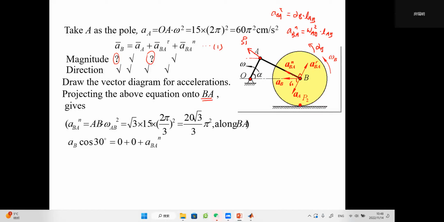So here should be 30. So we will find AB times cosine 30, right, equal, we just draw the equal sign here, AA. It's very convenient that AA is perpendicular to this AB, because here we know it is 90 degrees. So AA projected on AB is also 0. And ABA tau is also 0, right?